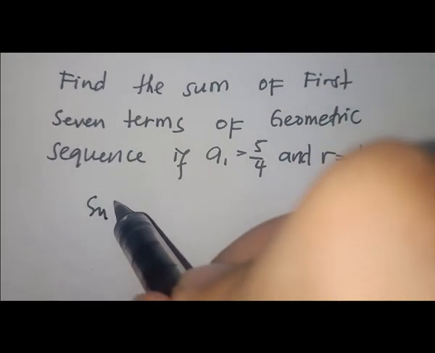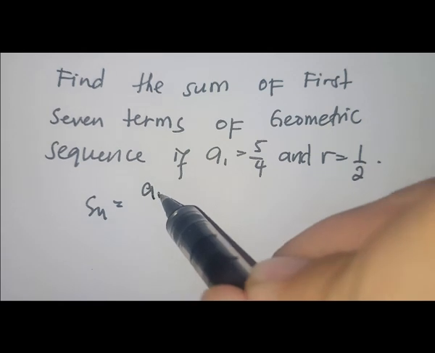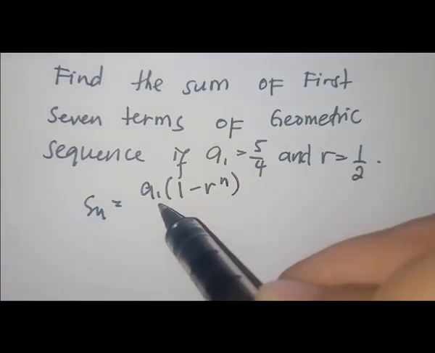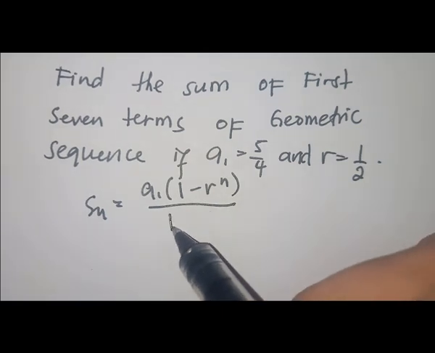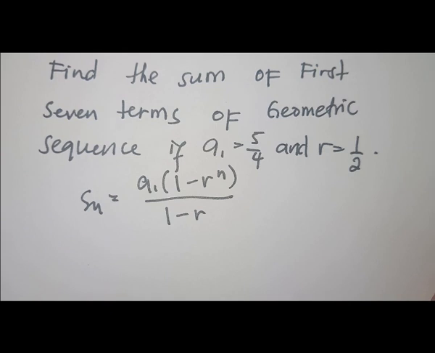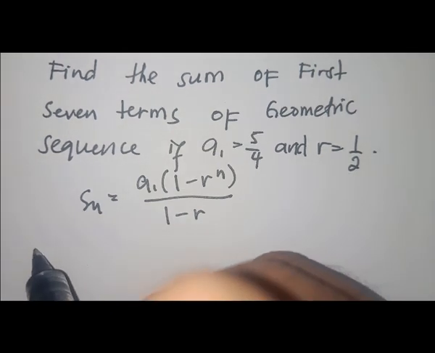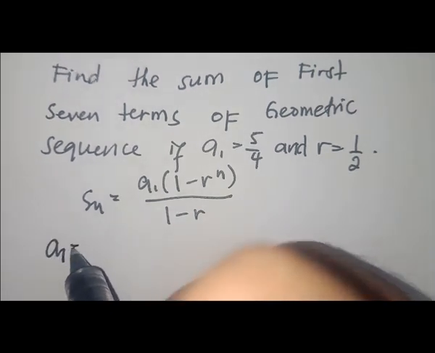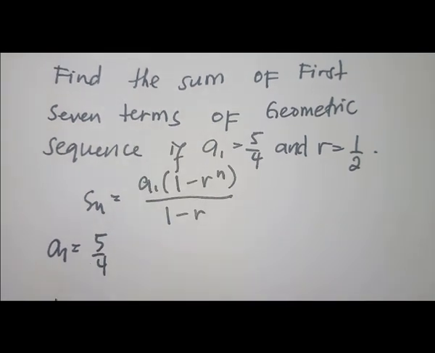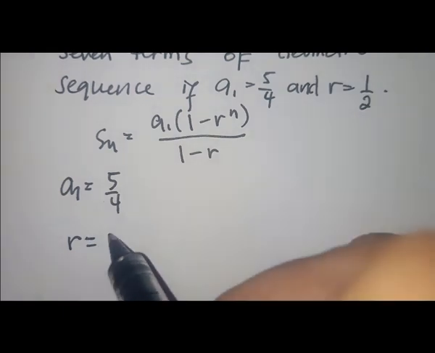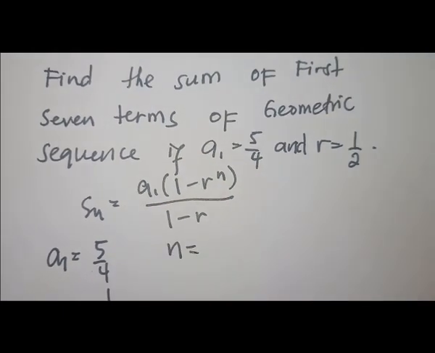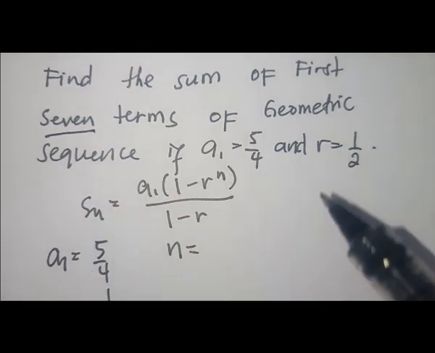The S sub n is equal to a sub 1 times 1 minus r raised to n over 1 minus r. So from this problem, the givens are a sub 1, which is 5 over 4, the common ratio, which is equal to 1/2, and the number of terms, which is equal to 7.